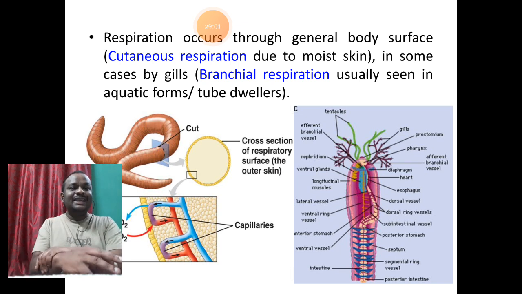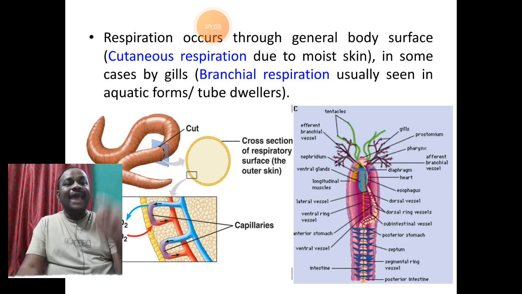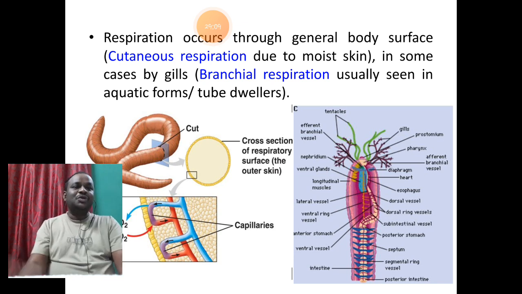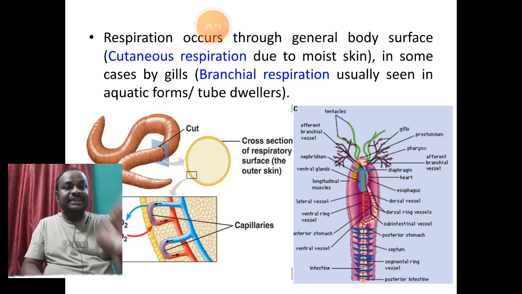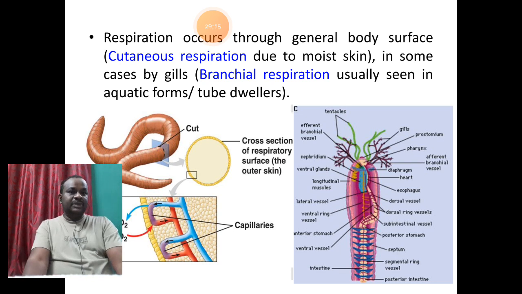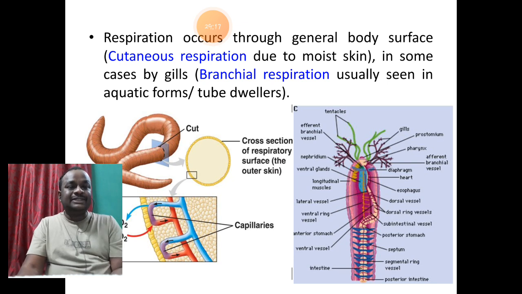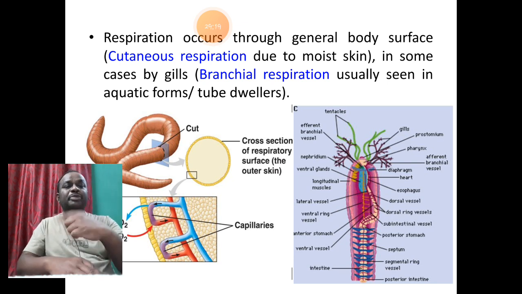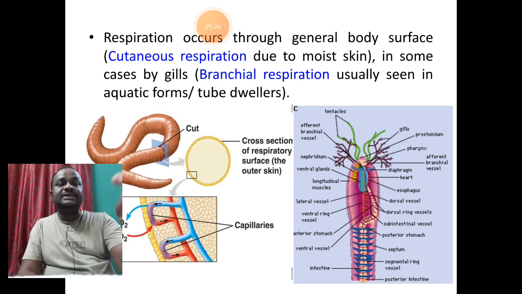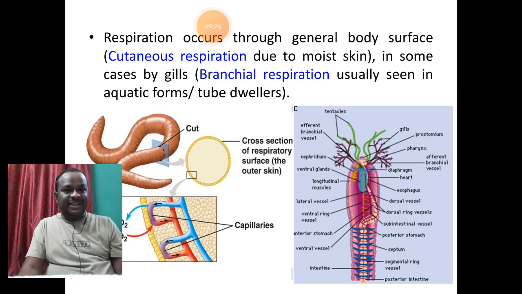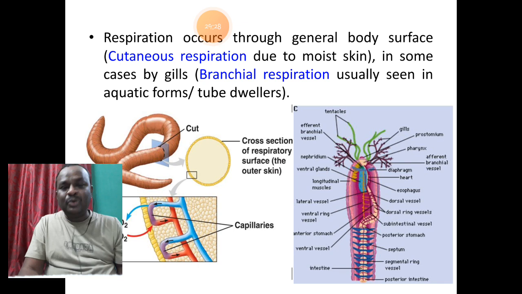The moist skin helps the earthworm carry out the process of respiration. So respiration also occurs through the general body surface in the earthworm. When this moist skin is involved in the diffusion of respiratory gases, it is called cutaneous respiration. Students, it's a very important point that you will have to remember.